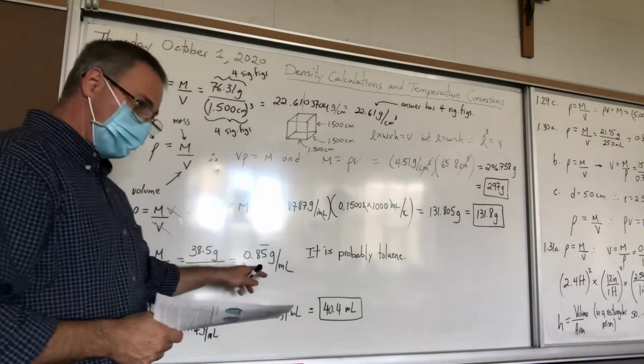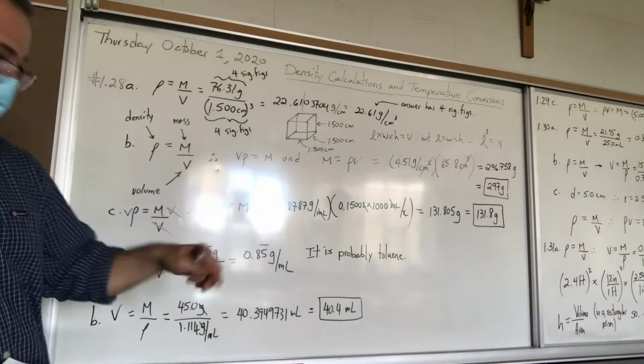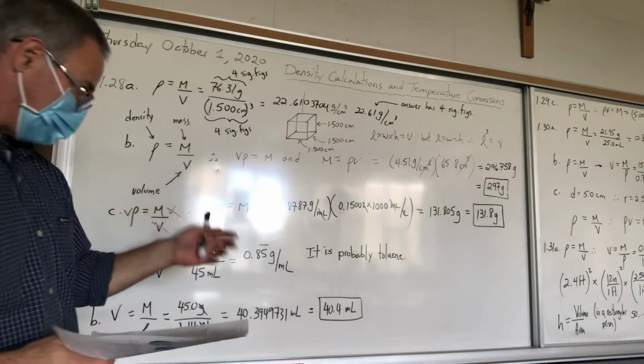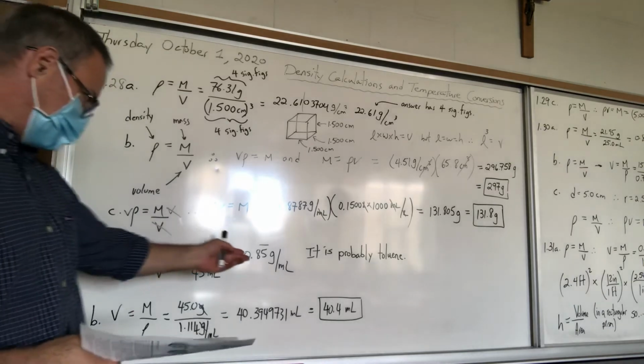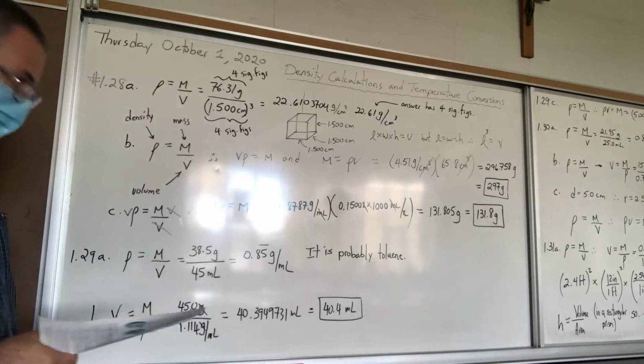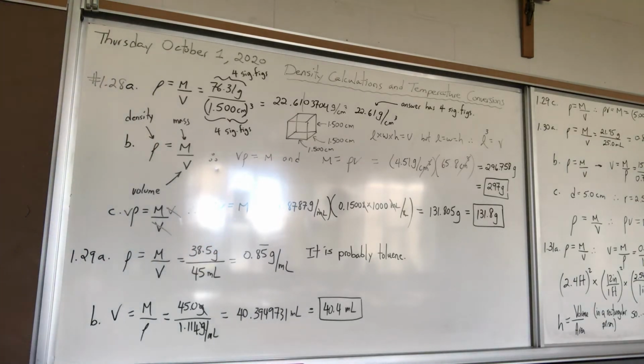Well, 0.85 is closer to 0.866 than it is to 0.785, so this is probably toluene. It's not 100% sure, but this is pretty close. Remember, in every measurement you make, you're going to get little errors, and that's why you don't always get perfect results when you do something.